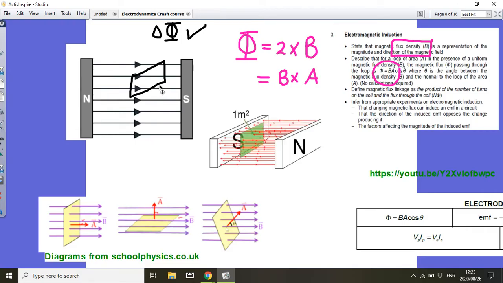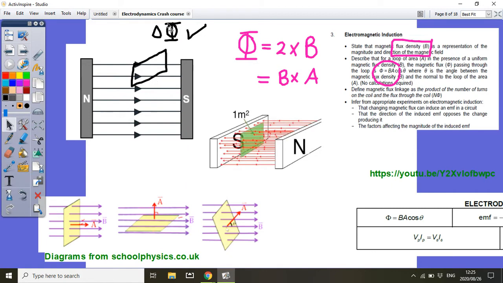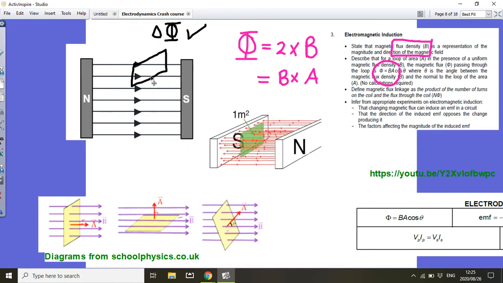Again, once I move there, 1, 2, 3 lines. Only when I start moving out of my coil does it go from 3 to 2 lines. So is there now a change in magnetic flux? Yes, and this is important for later. So there's a change in magnetic flux as I move.